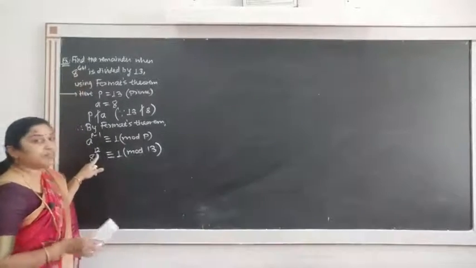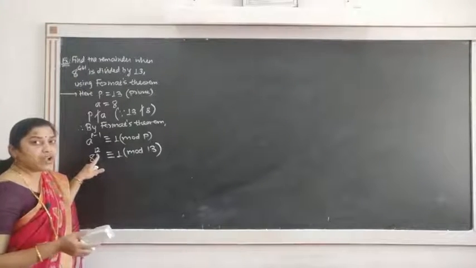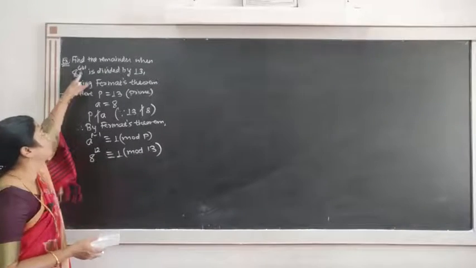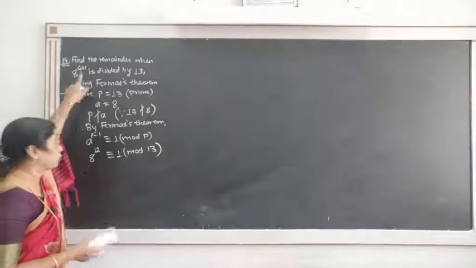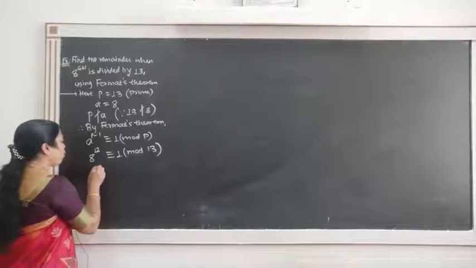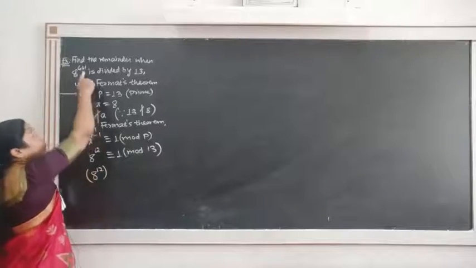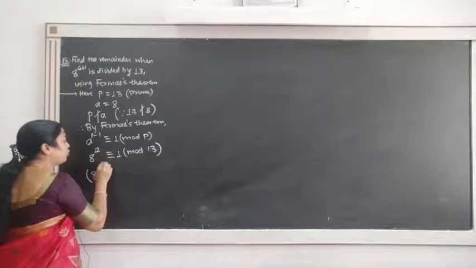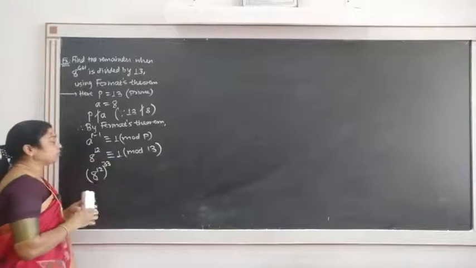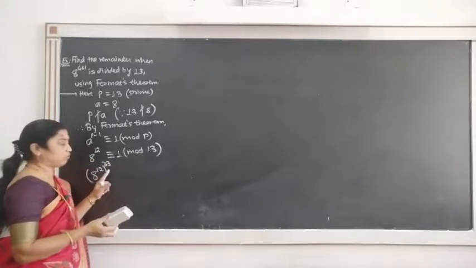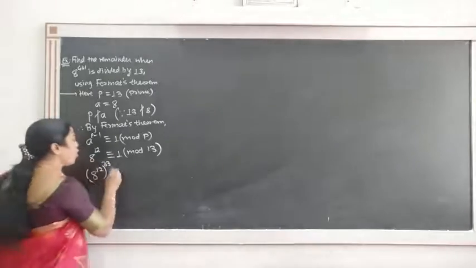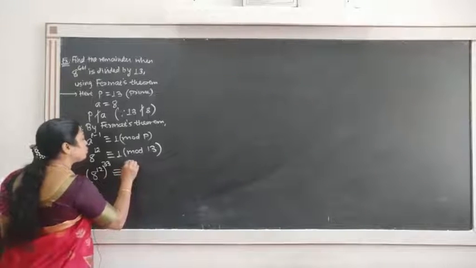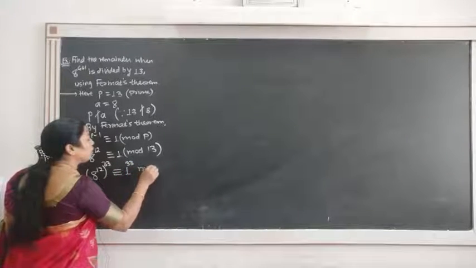So, we find the multiple of 12 which is nearer to 401. If you divide 401 by 12, we get the answer to be 33 point something. So, we take that 33, congruent to 1 raised to 33 modulo 13.